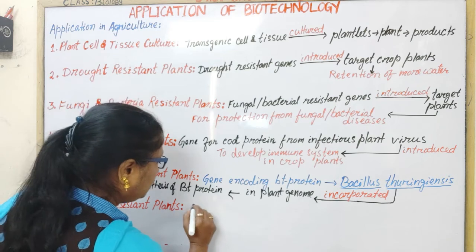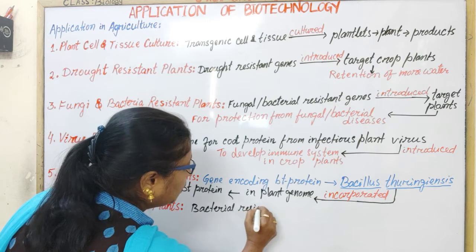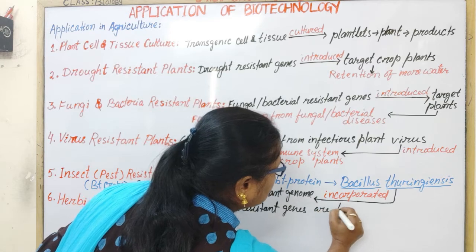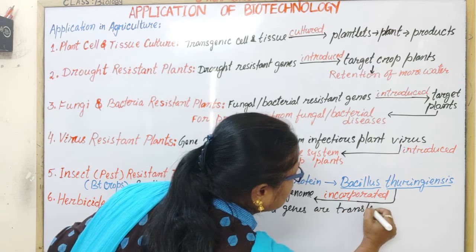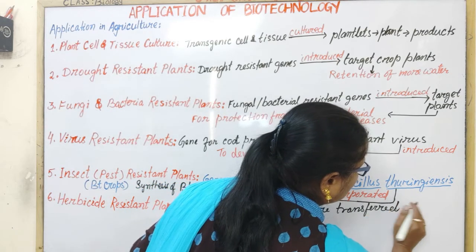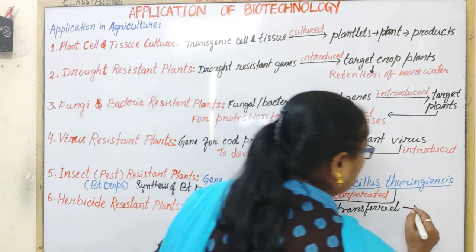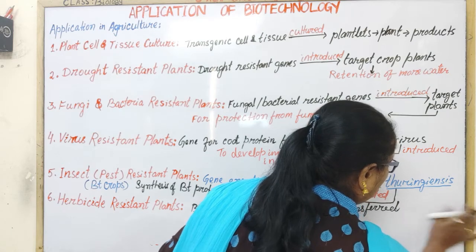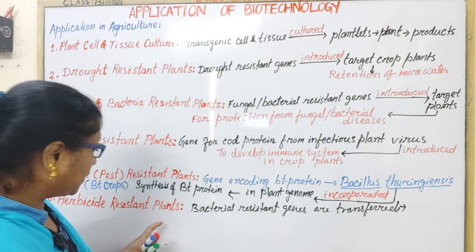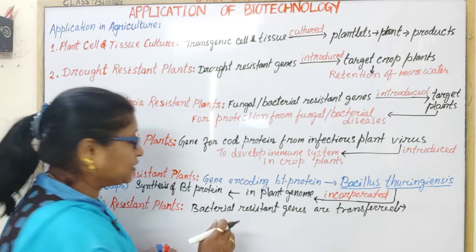Herbicide resistant plant: the bacterial herbicide resistant gene is transferred to the target plants, in which plant we want to express this character.